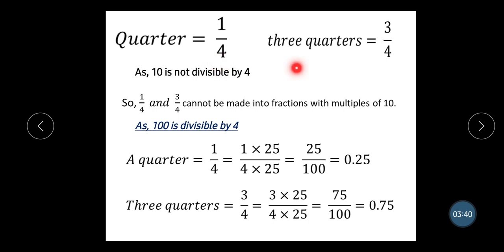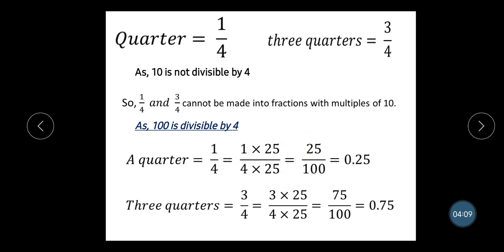So, 1 upon 4 and 3 upon 4 can be made into fractions with denominator 100. So, we will multiply with such a number that we will get the denominator as 100. When you divide 100 by 4, children, you will get 25. So, here in numerator and denominator we will be multiplying by 25.